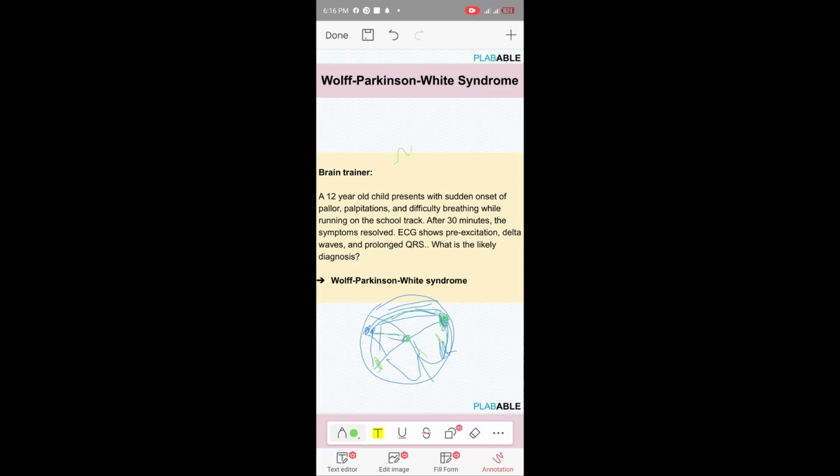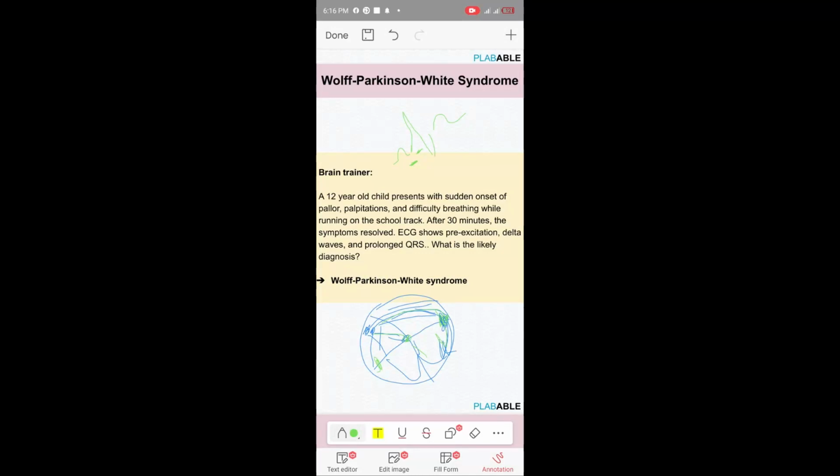There is a slurring of the QRS that we call the delta wave. This initial slurring, and there will be the short PR interval, and there will be the wide QRS complex. This is as far as Wolff-Parkinson-White syndrome is concerned.